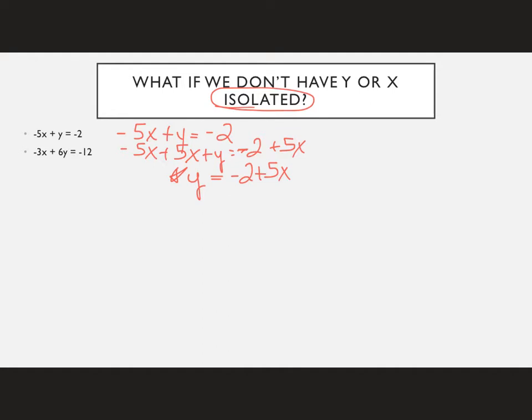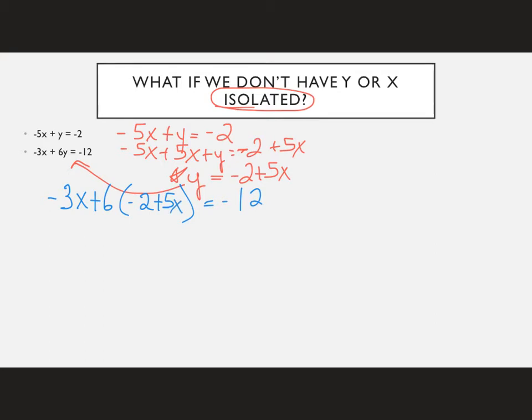So now I have this equation with y isolated. Now I'm going to look at the other equation, and I'm going to put my value for y into that other equation. So now I have negative 3x plus 6 times y equals negative 12. Well, I said y equals negative 2 plus 5x.